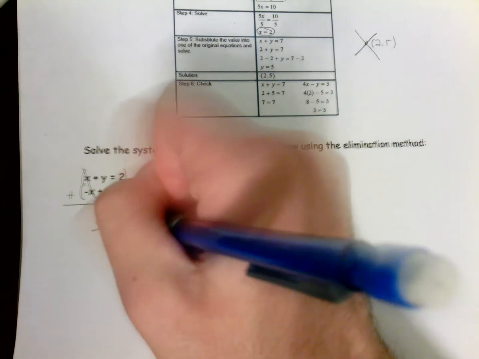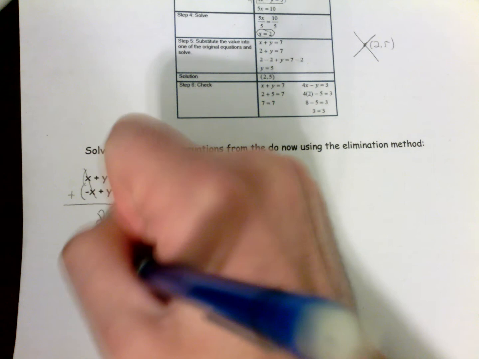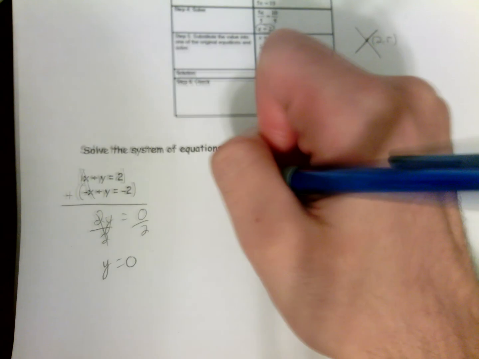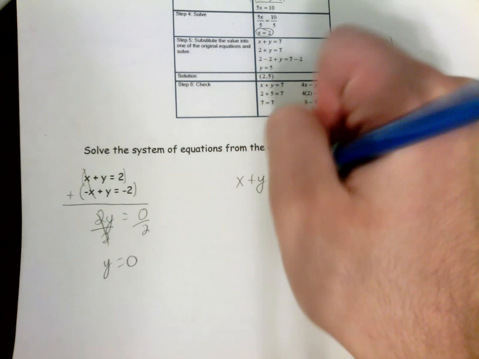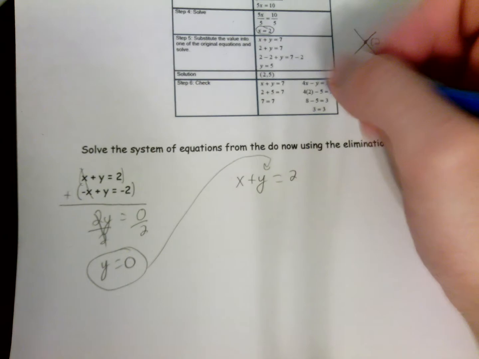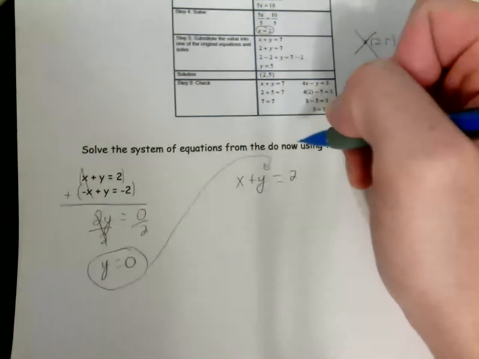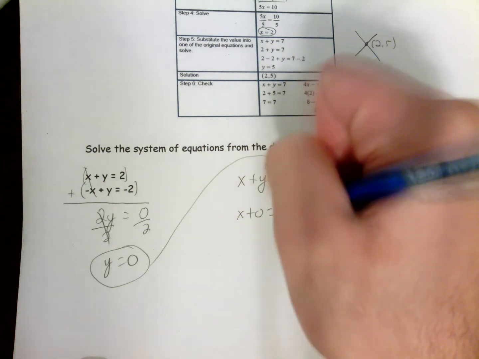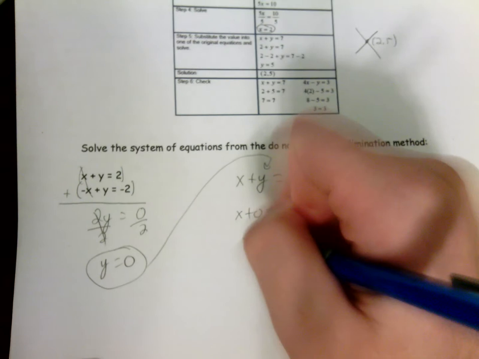Now we divide everything by 2, and we get y equals 0. Now, I'm not done yet. I need to solve for x. So I'm going to take my y equals 0 and plug it in for y into either one of my equations, but I'm going to do the top one just because it's easier, because we have positives. So I have x plus 0 equals 2. So I just get x equals 2.